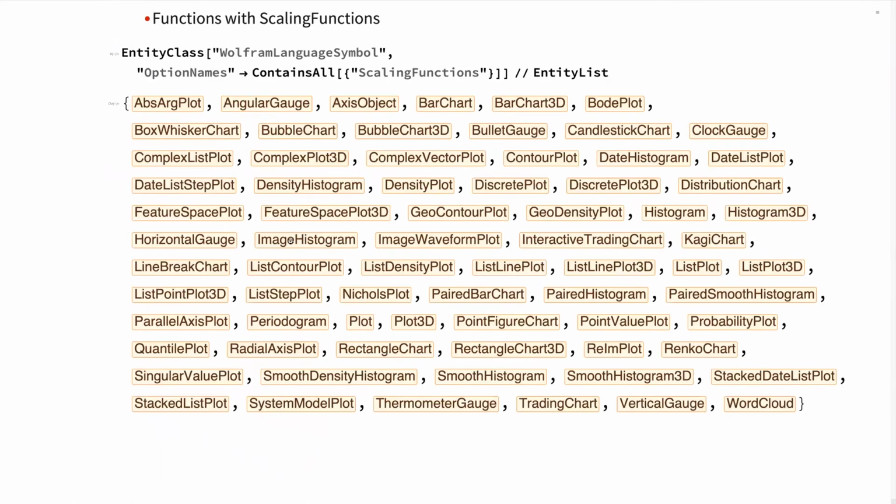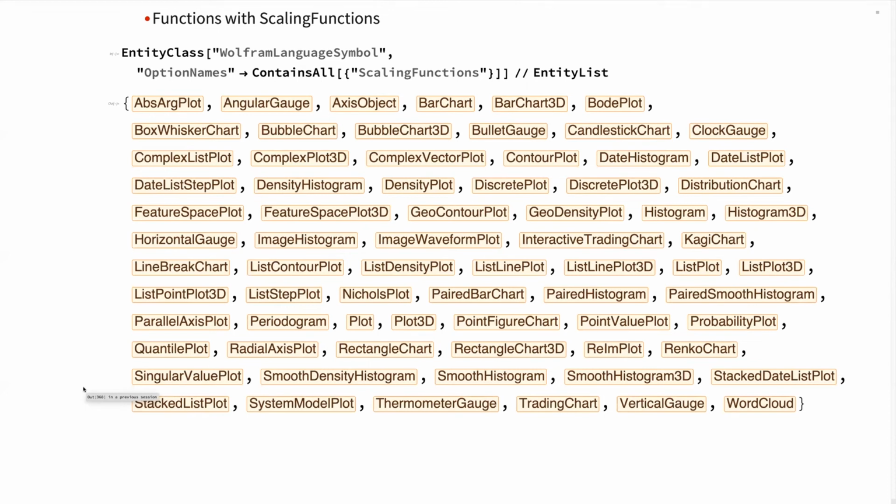So the functions with scaling functions so far are these functions. And granted that not all of them are very relevant. One thing I'm trying to say is that a lot of them are in very special domains. The scaling functions are handled differently.